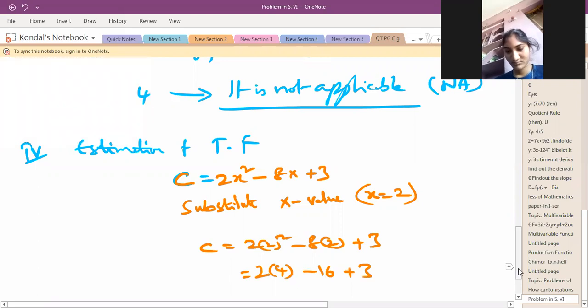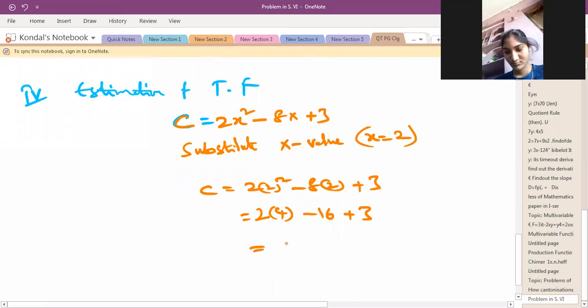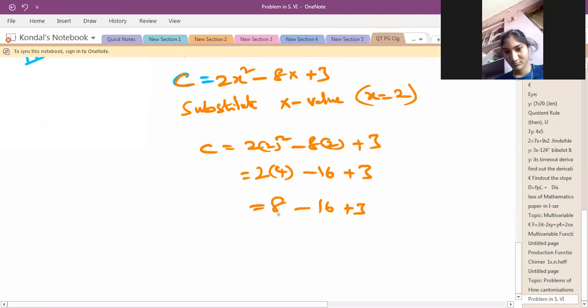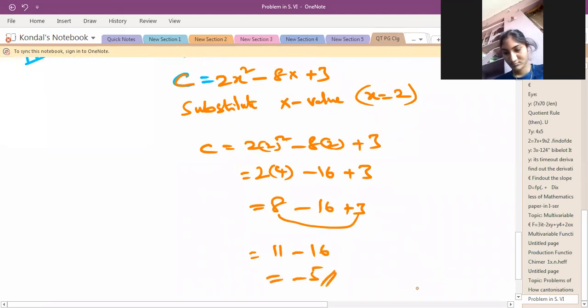Adding the positive values gives 11, then 11 minus 16, so therefore minus 5, right?